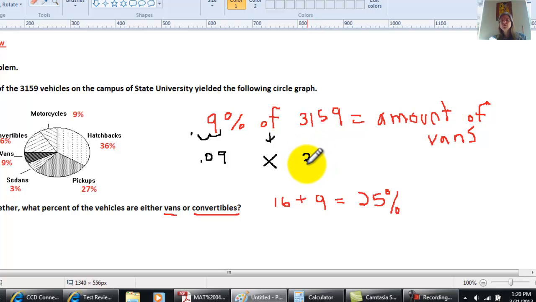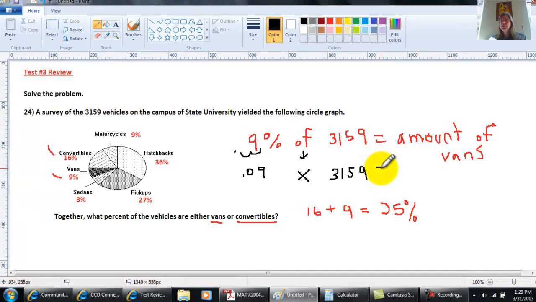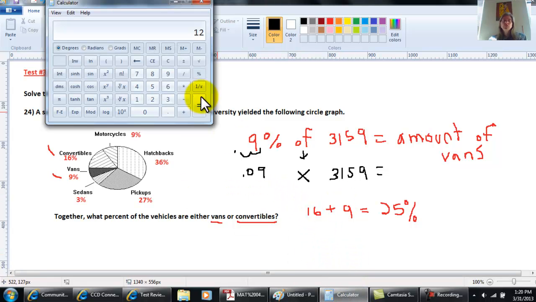So when you multiply that decimal times the total amount, that'll give you the actual amount of vans, which is 0.09 times 3,159.